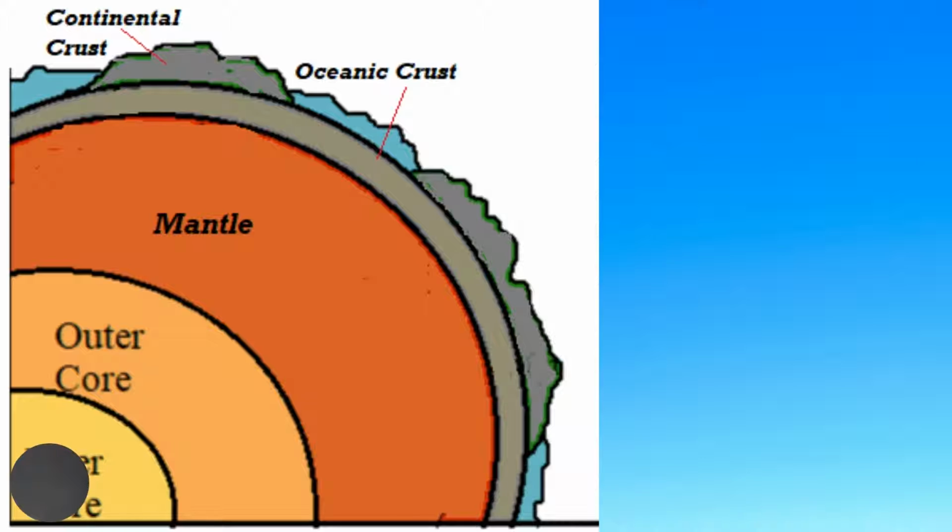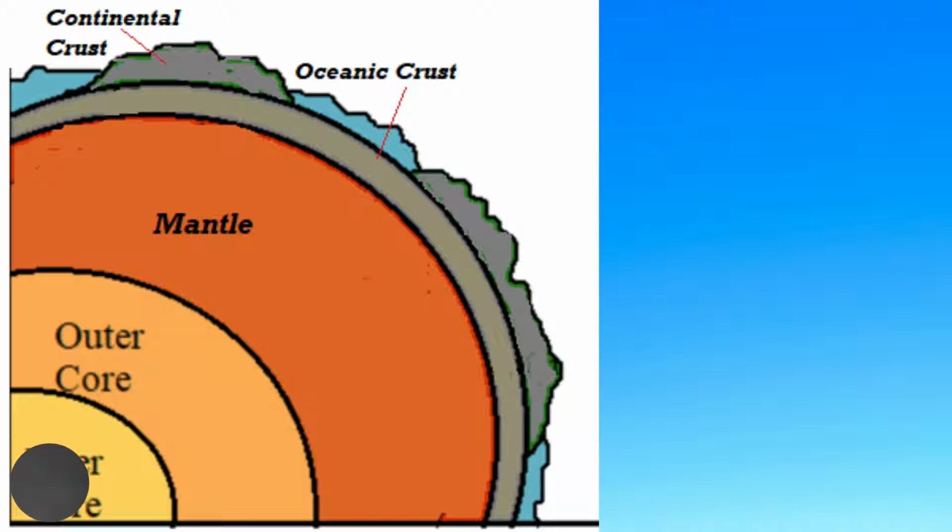The core itself is subdivided into the solid inner core and the liquid outer core. Above the core is the mantle, which is broadly divided into the upper and lower mantle.